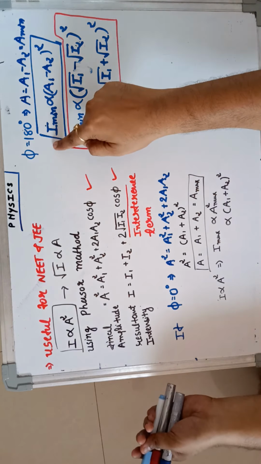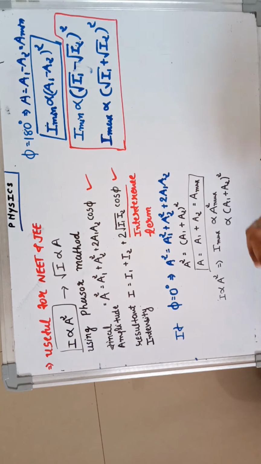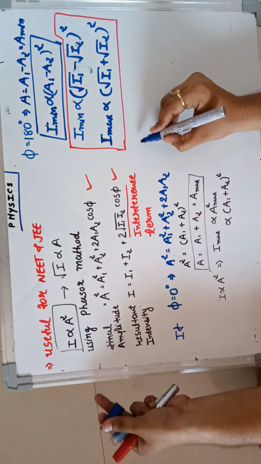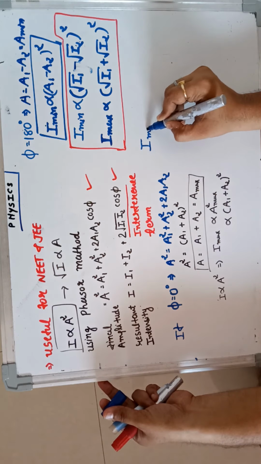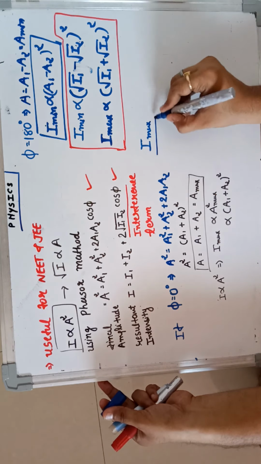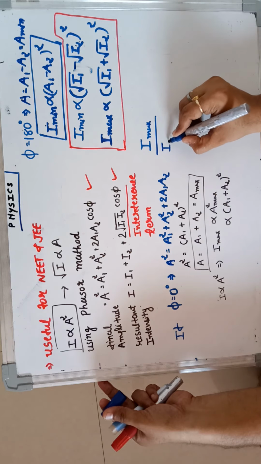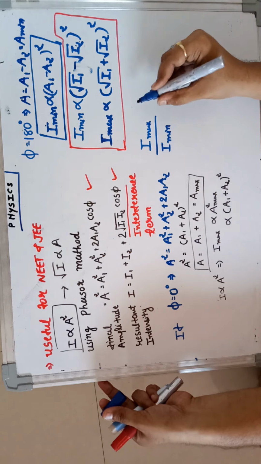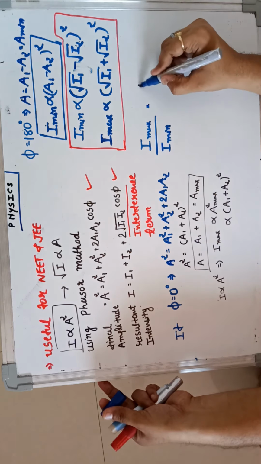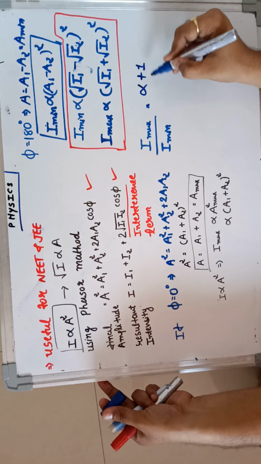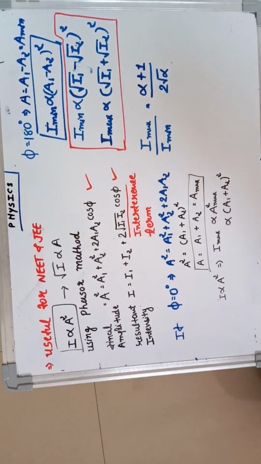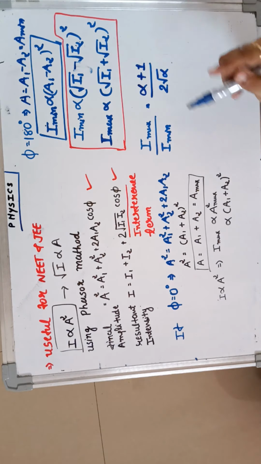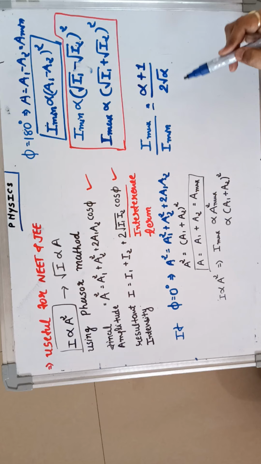Sometimes I show that I max upon I minimum is equal to alpha plus 1 upon 2 under root alpha, where alpha is a constant.